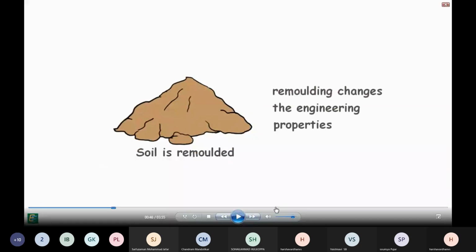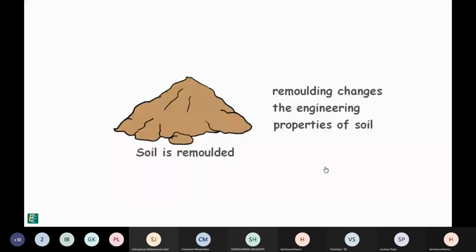When you load the soil or when you transport the soil from one place to another, the soil is remolded, and this remolding of soil changes its engineering properties.